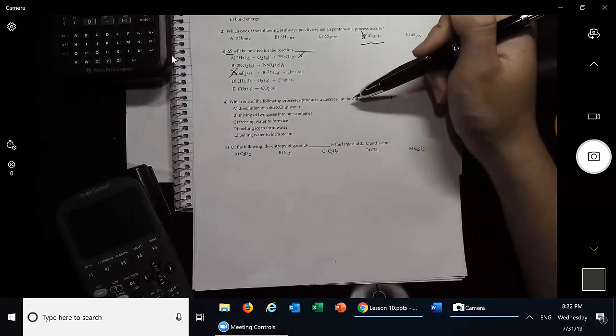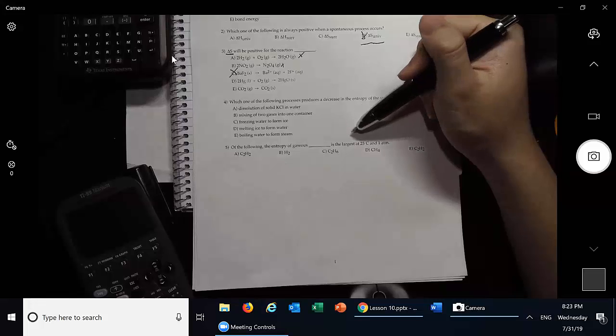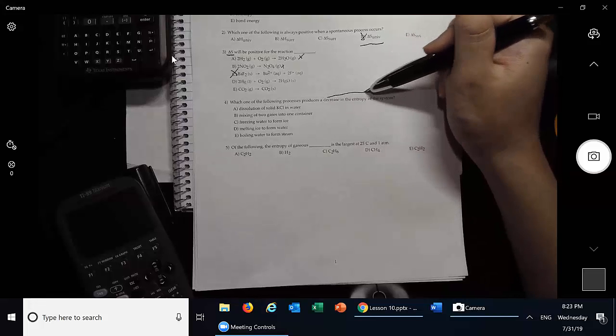Okay, I'll let you guys look at this next one. Which of these decreases entropy of the system?